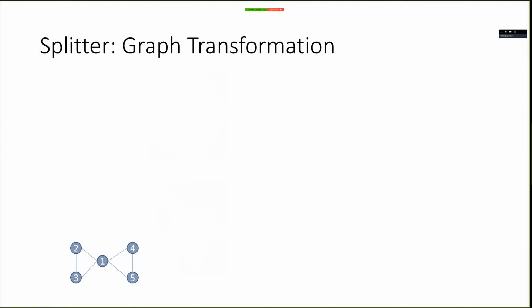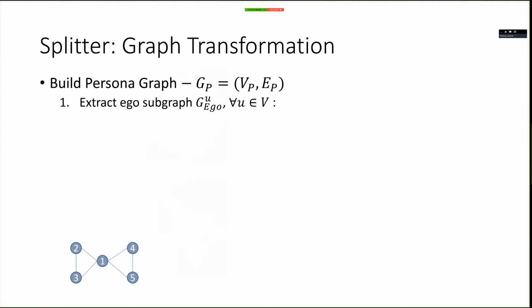Now we have this very small graph. This is our original graph, and our objective is to build a persona graph. So the first step is to extract what we call an ego subgraph for each node. The ego subgraph for each node is the node itself and all the nodes that this node has a direct relationship with.